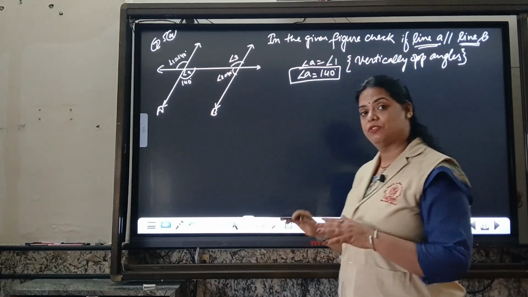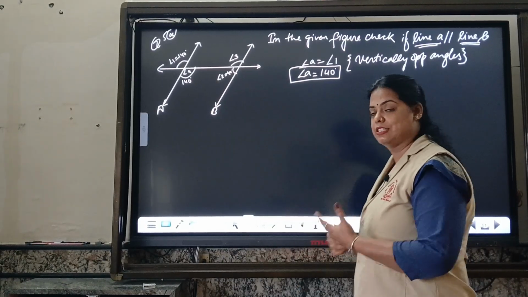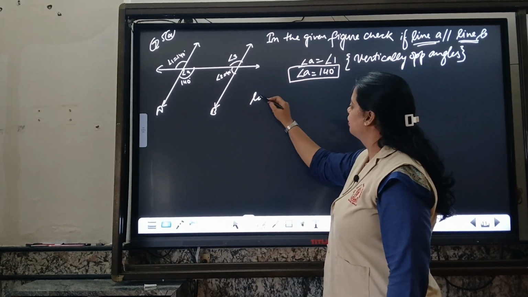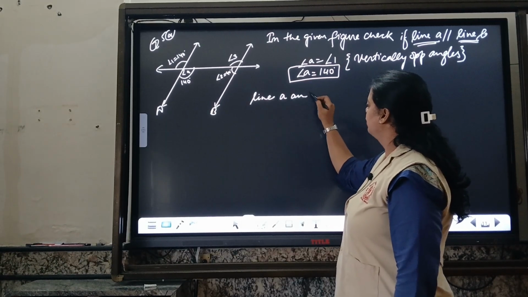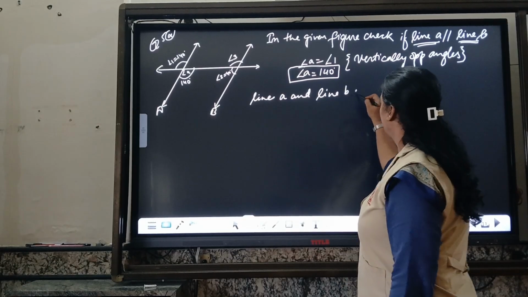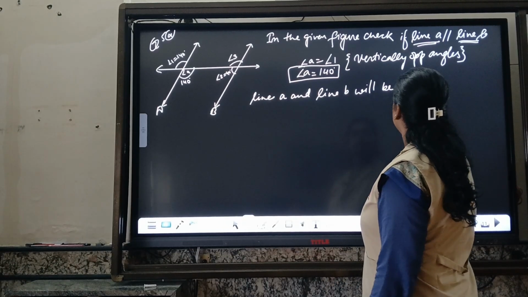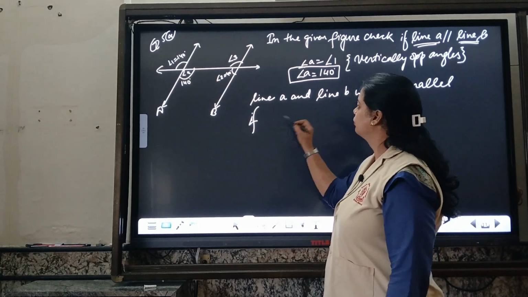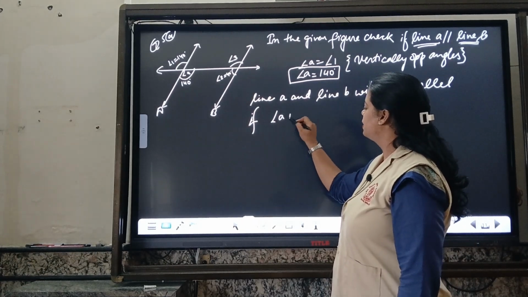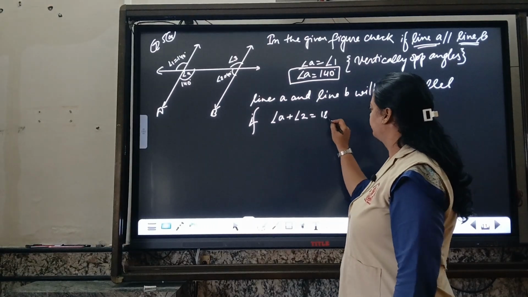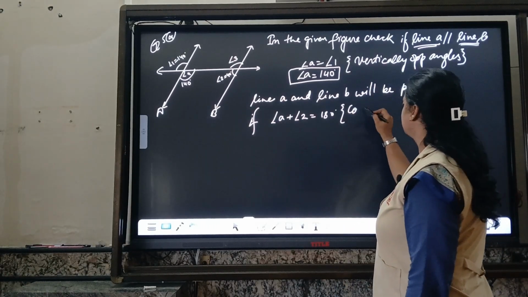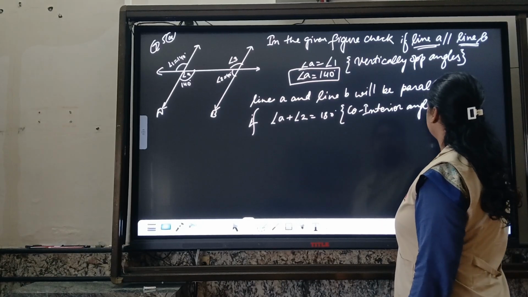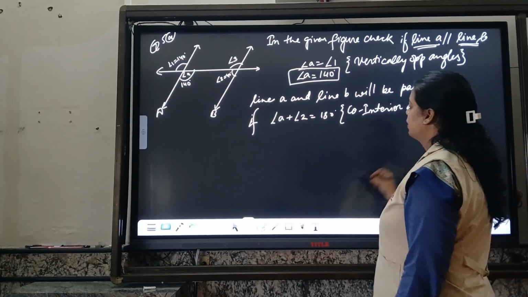If angle A is 140 and angle 2 is 40, let's see what is the addition of these two angles. Lines A and B will be parallel if angle A plus angle 2 is equal to 180, by using the co-interior angle sum. Now what is angle A?